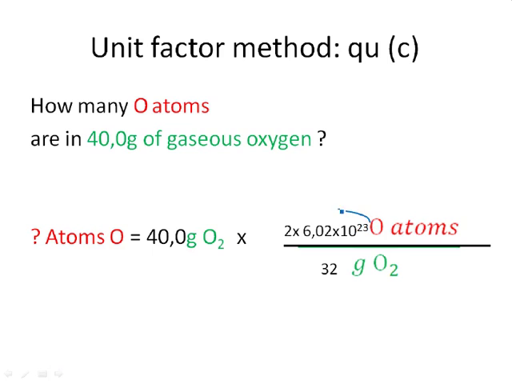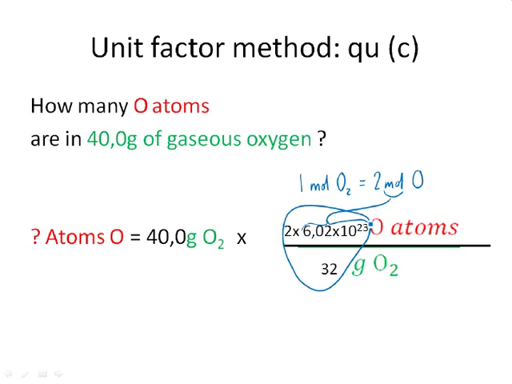This is because each of these quantities refers to 1 mole of O2, which is the same thing as 2 moles of O. 2 moles of O is 2 groups of 6,02 times 10 to the power 23.